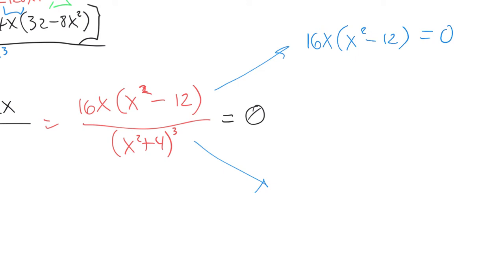The other equation I could set up is x squared plus 4 cubed equals 0. When it comes to this one, we know that if x was 0, then the whole thing would be 0.